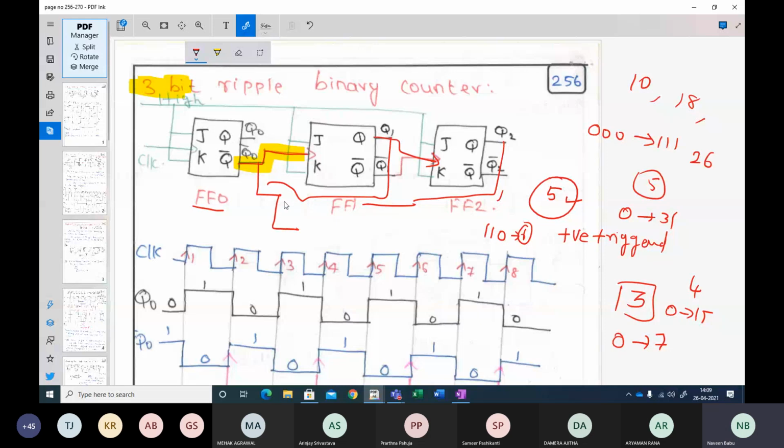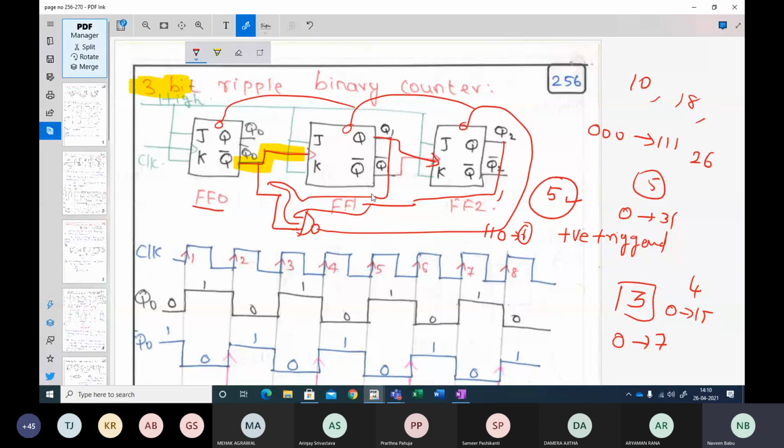In fact, I NAND this and then connect it to all the preset inputs. Now this will be reset whenever your flip-flop reaches 110.